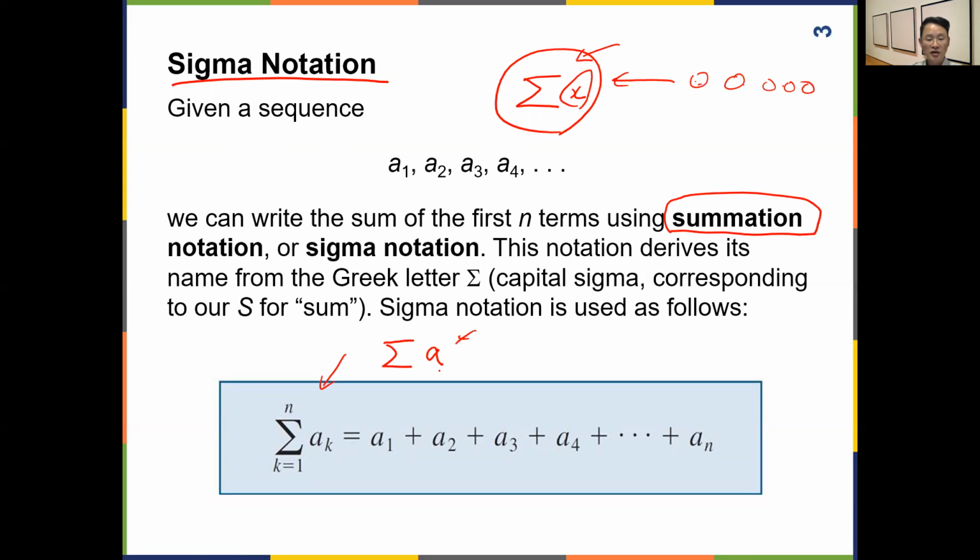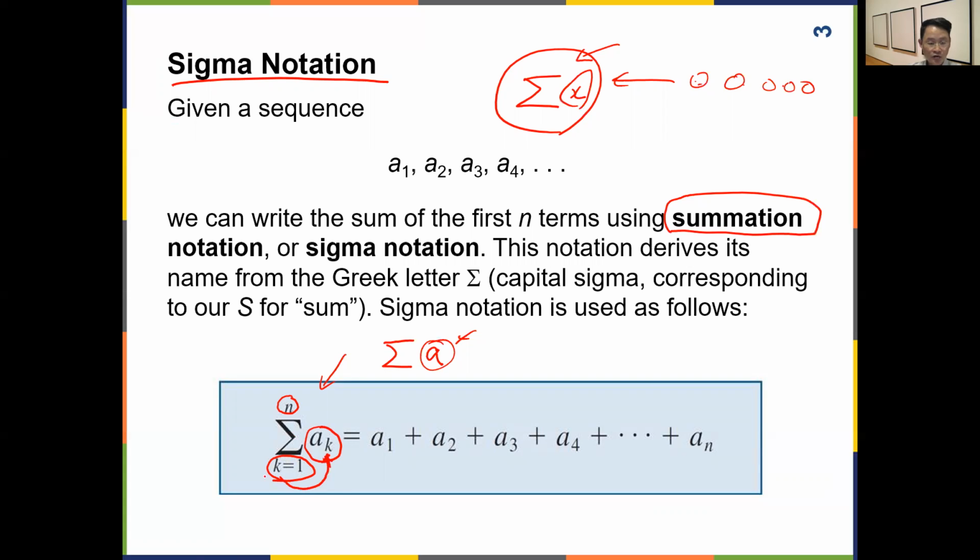That means you just add up a bunch of a's. Now, this one is a little bit more complicated. They have k equal 1 on the bottom, and you have n on the top, and you have a to the k, like that. That k right here is this k right there.